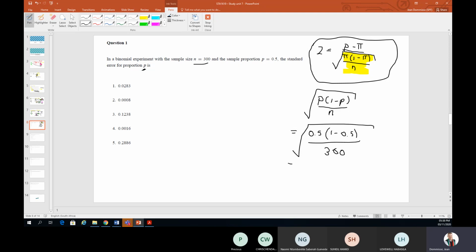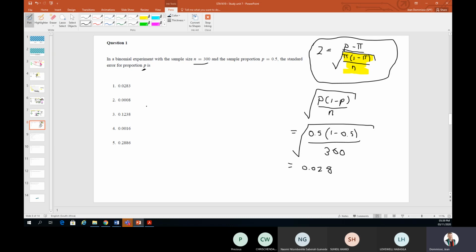Square root of that. So let me just, now I need to get the calculator again. 0.5 times 0.5 divided by 300. The square root of that gives me 0.028.